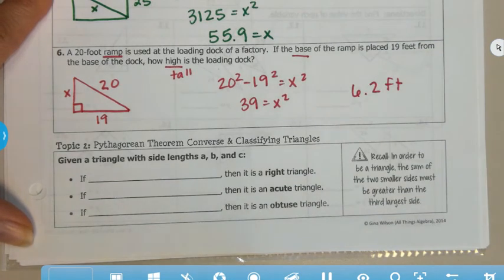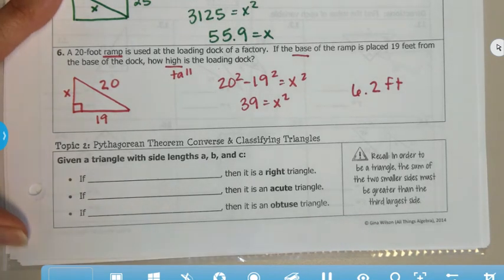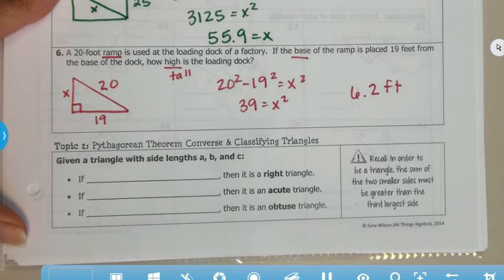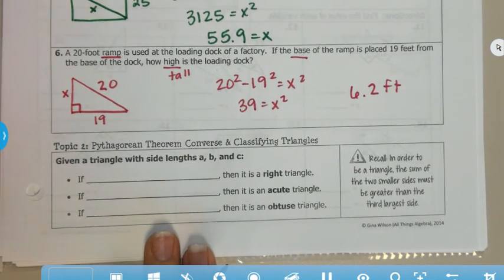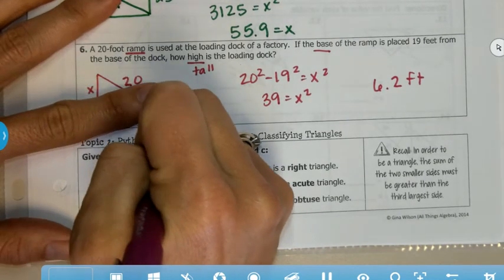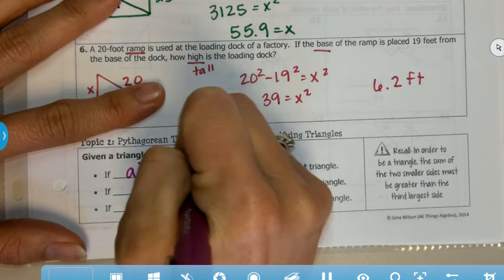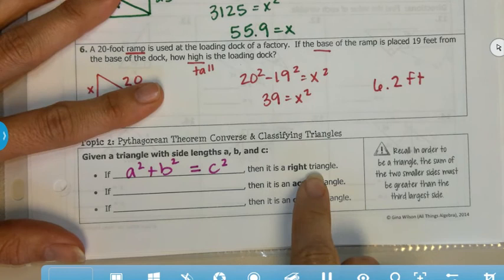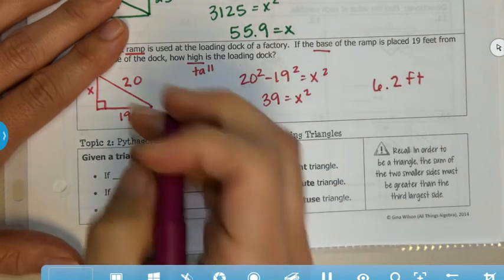All right, next was figuring out what type of triangle you have given the a squared, b squared, and c squared. So remember, go ahead and answer the questions about this now. All right, so hopefully you said that if a squared plus b squared is equal to c squared, then the triangle is a right triangle.